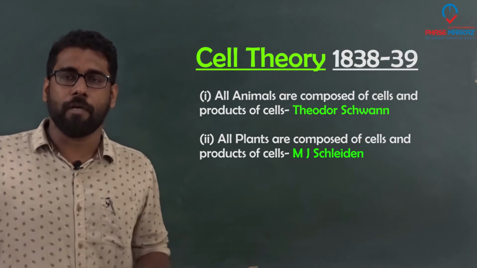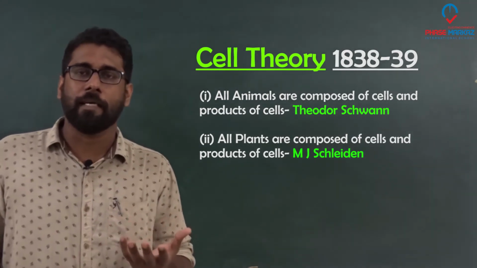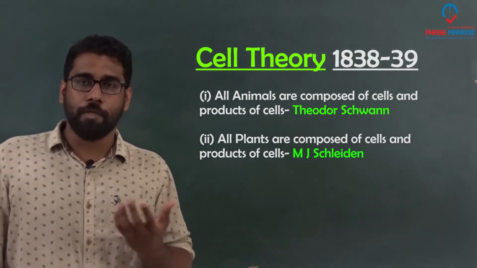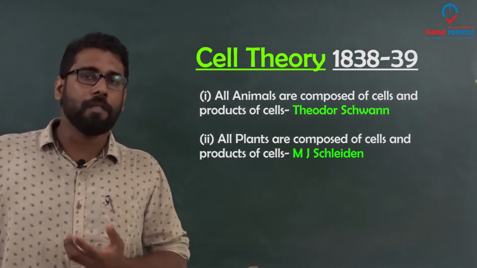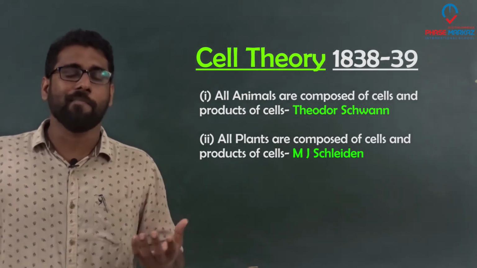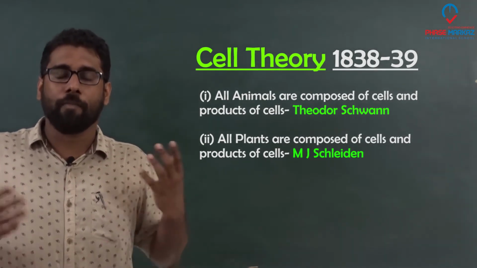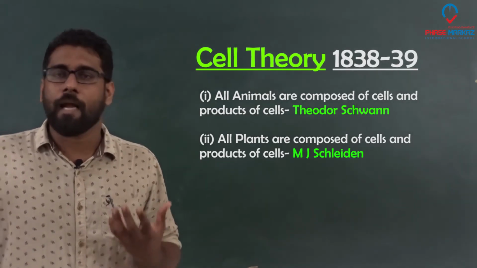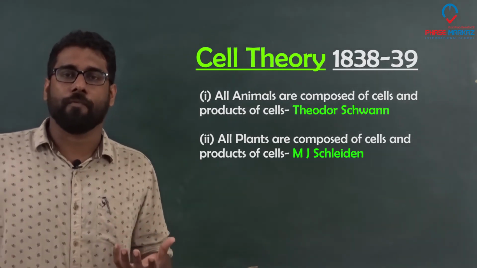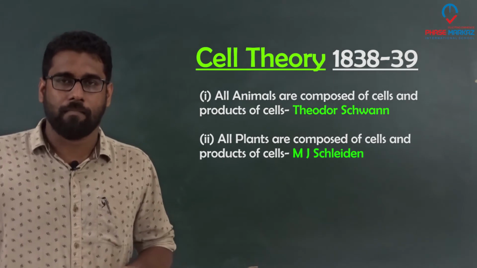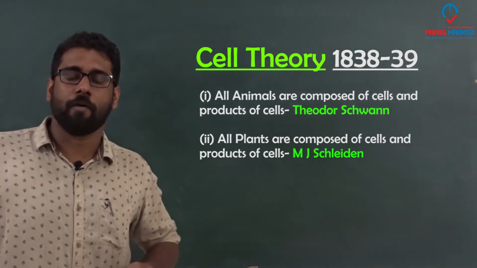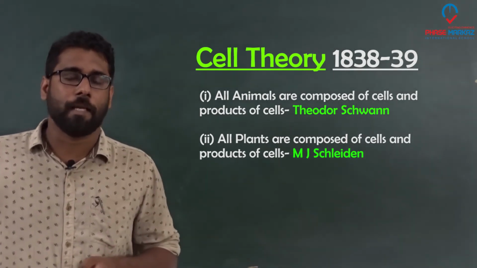They came to the world with a new theory. They proposed that all the bodies of plants and animals were composed of cells. This is the major theory. This is known as the first cell theory.